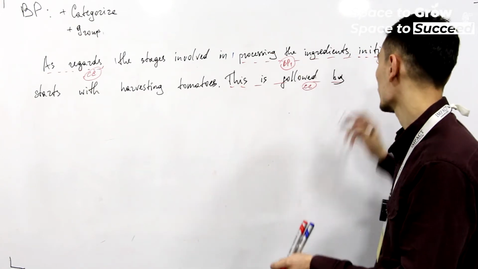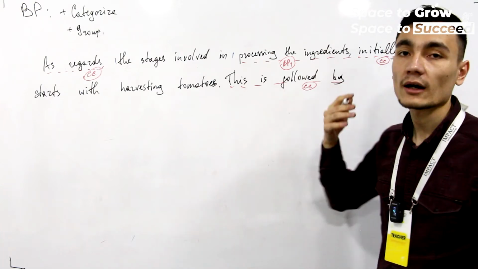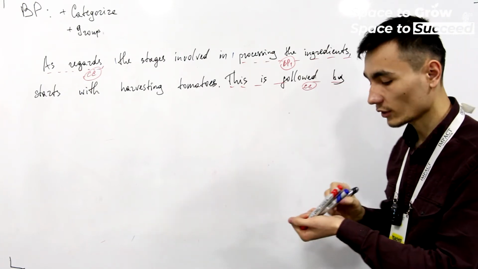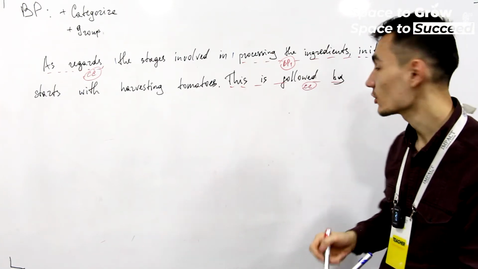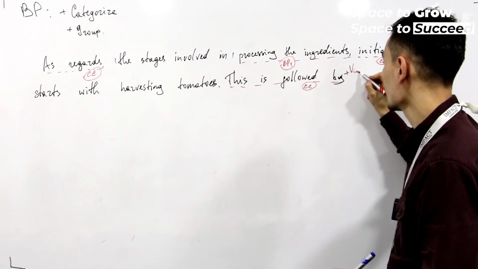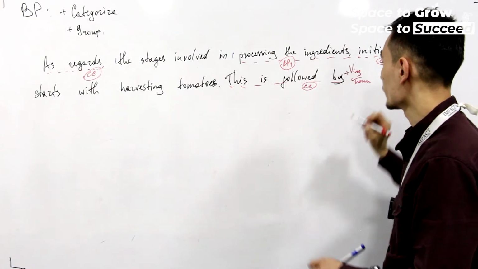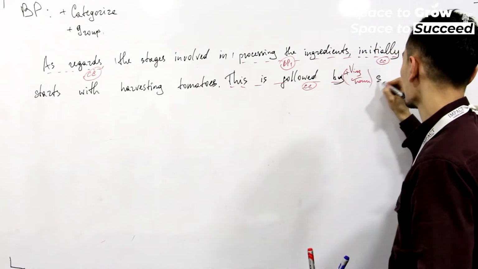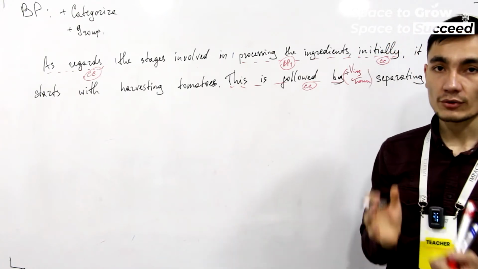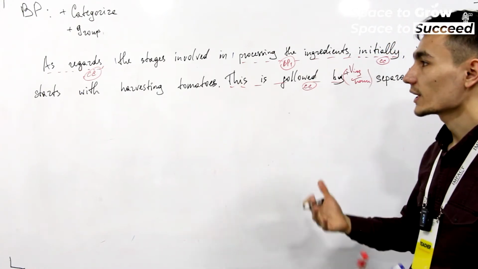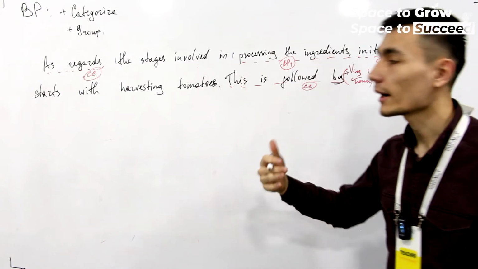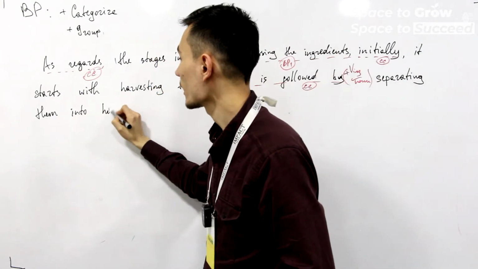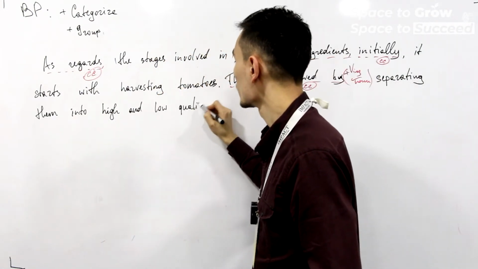Let's just write separate here. After "followed by", always use verb-ing or a noun. So I'm going to write "this is followed by separating them into high and low quality ones."